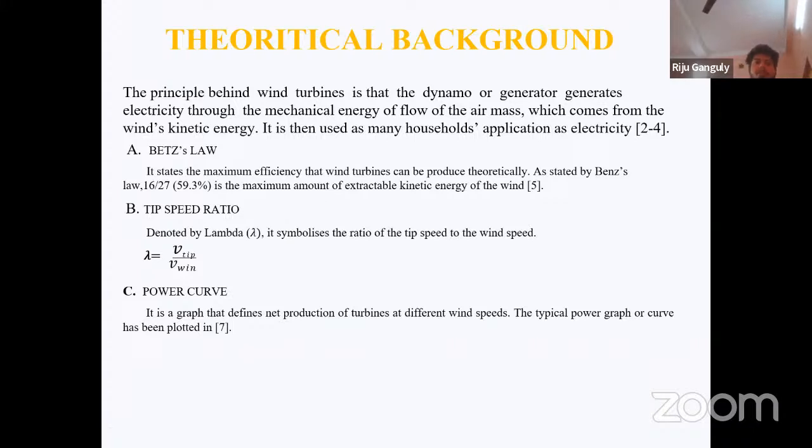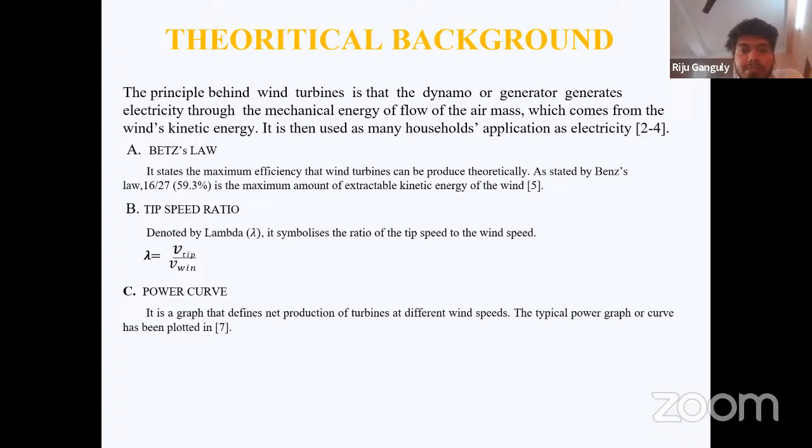From the theoretical background, we have two laws: Betz's law and the tip speed ratio. Betz's law states the maximum efficiency that wind turbines can theoretically produce.